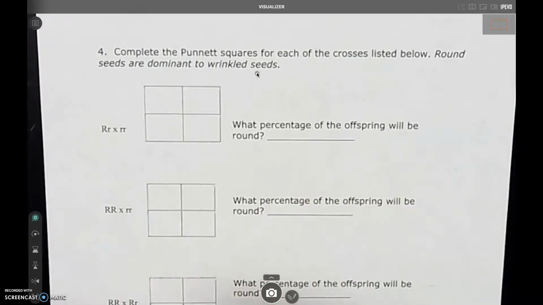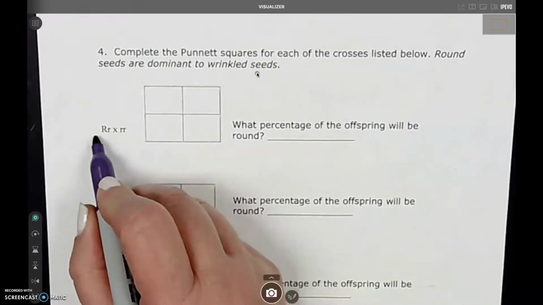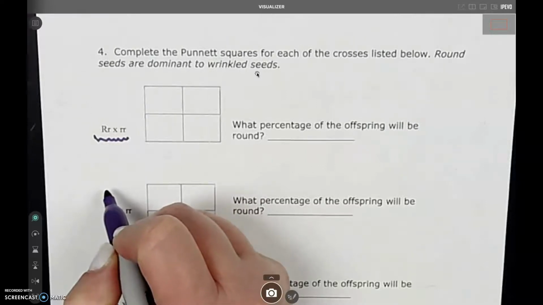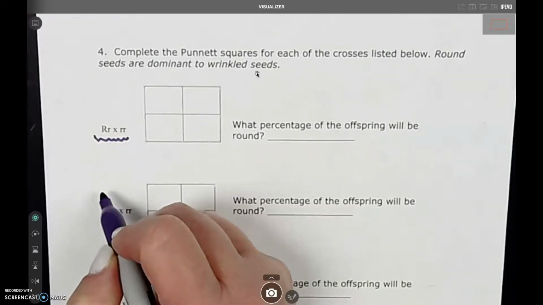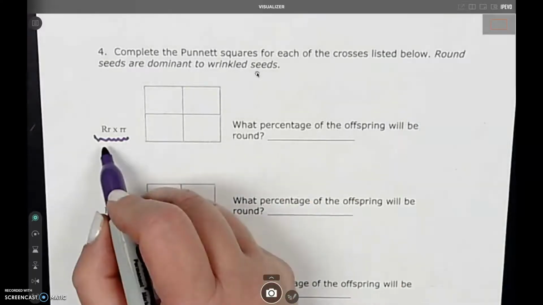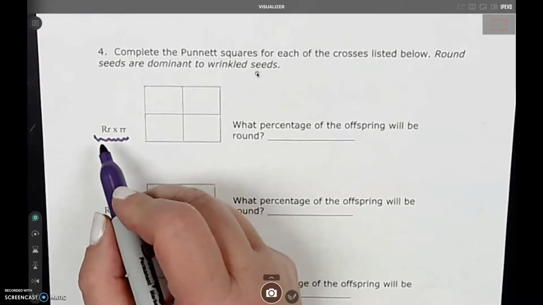Anyway, so here are the parent alleles. You won't always be given them. Sometimes you have to figure it out from the word problem. Okay? But to practice getting started, they're given to you. And remember, meiosis happens, so these two have to split.